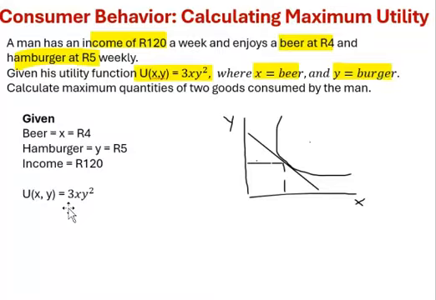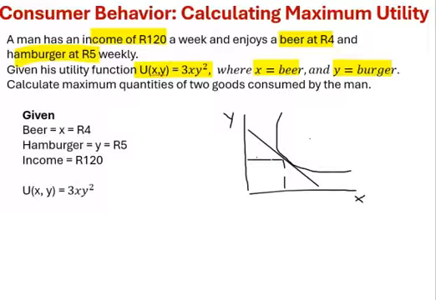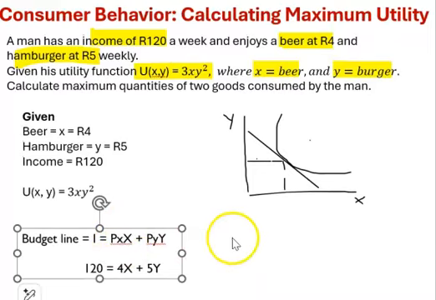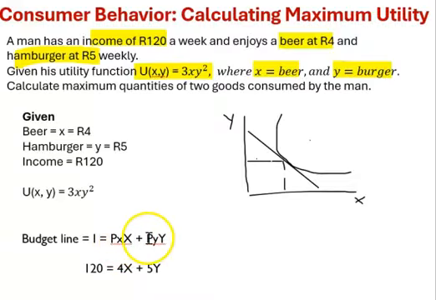The first thing that you do is to now determine the budget line. And we know that the budget line is I equals price of x times quantity of x plus price of y times quantity of y.